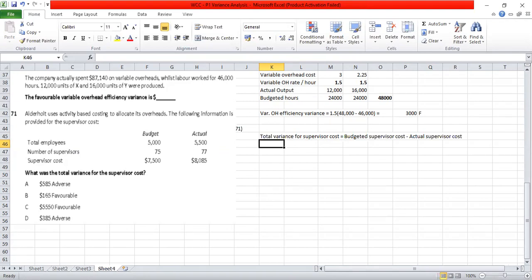So proportionately, we are adjusting the budgeted cost for the actual output. The actual usage will be for the total number of employees of 5,500. The activity is to supervise the number of employees, so the budgeted cost has to be adjusted according to the actual. So the logic will be: if 75 supervisors are there for 5,000, then for 5,500, how much? So 5,500 into 75 by 5,000.